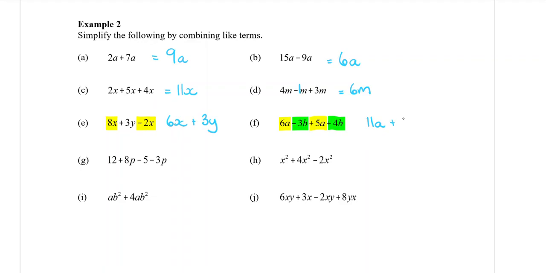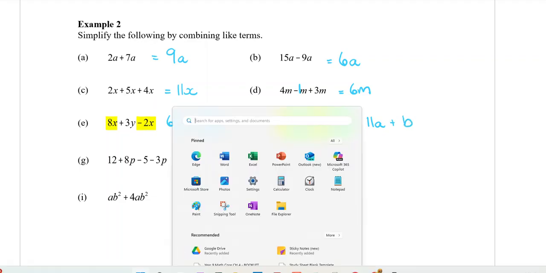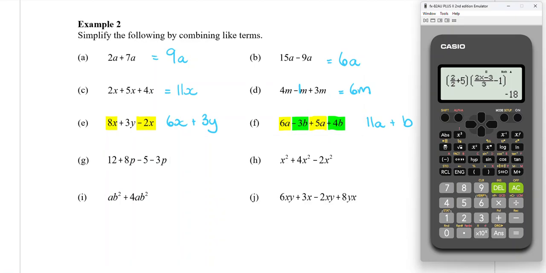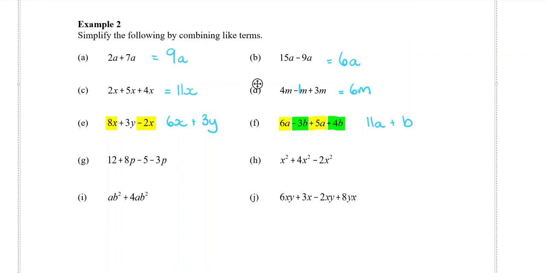But if it's a 1 in front of a letter, we don't need to write it. We just write b. Now for any of these, you can use your calculator to help you with the number part. So I could type in minus 3 plus 4 to show that that was 1, if you're having trouble with your positive and negative numbers.